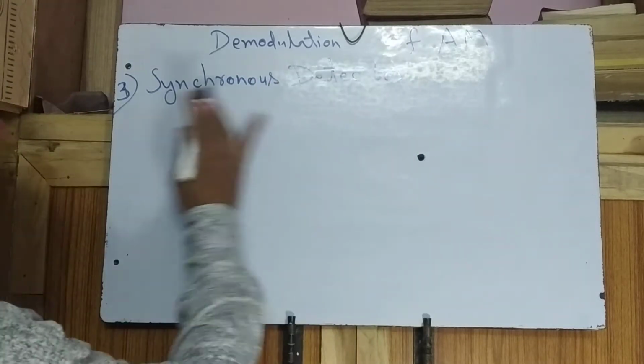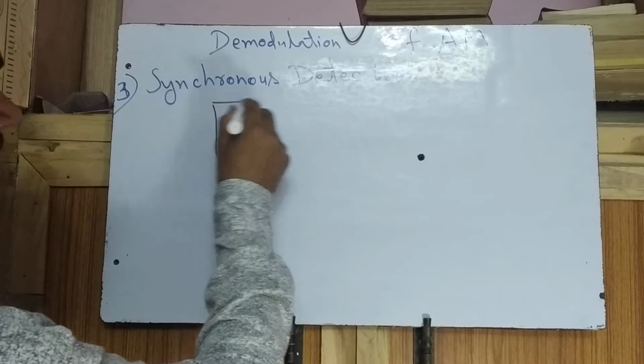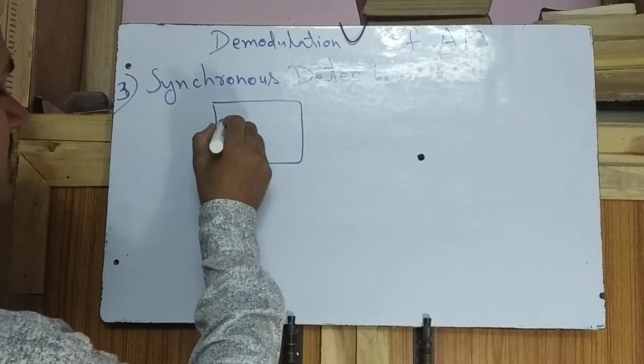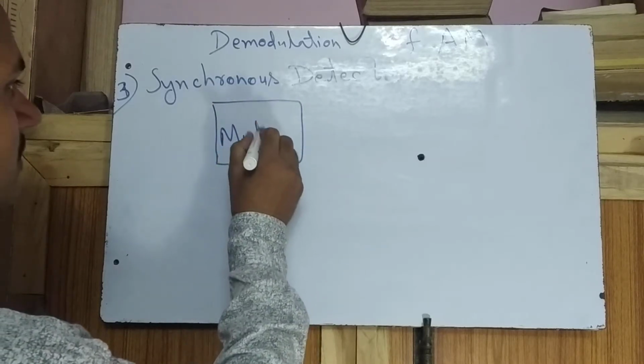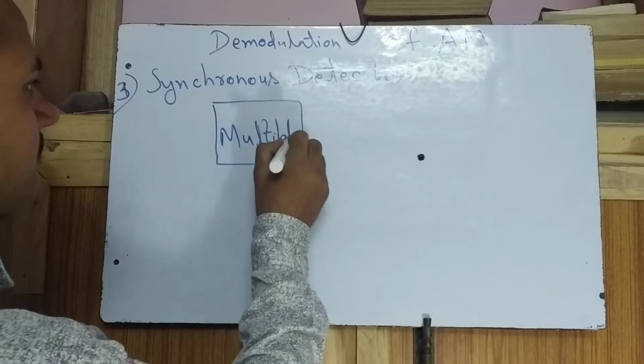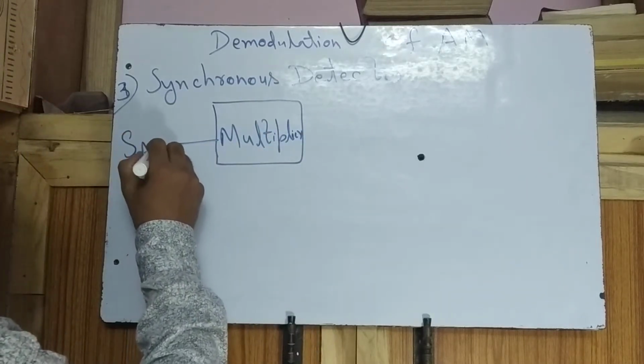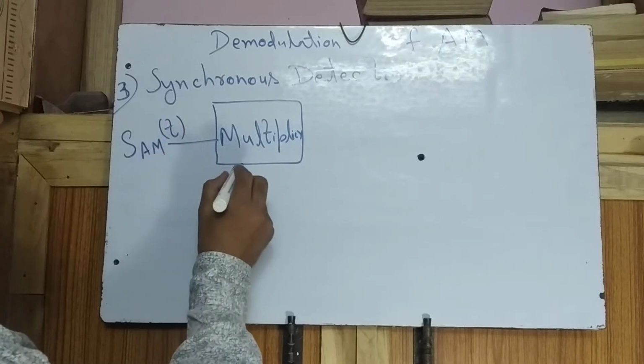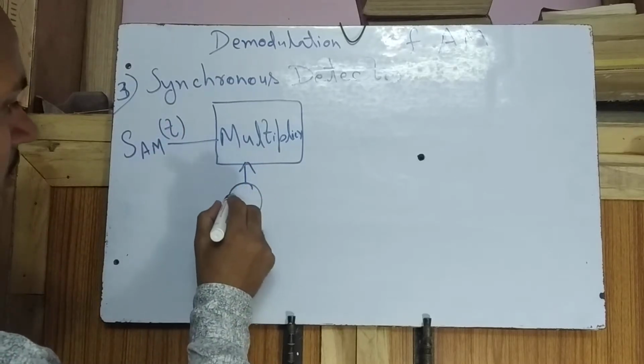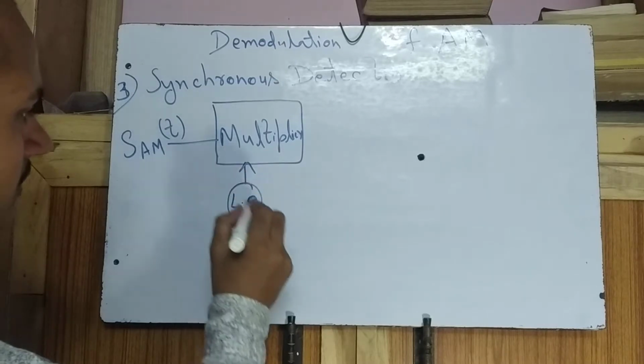Why? Let's see. The block diagram of synchronous detector is this: multiplier, S_AM(t) is the input, and the local oscillator, right?